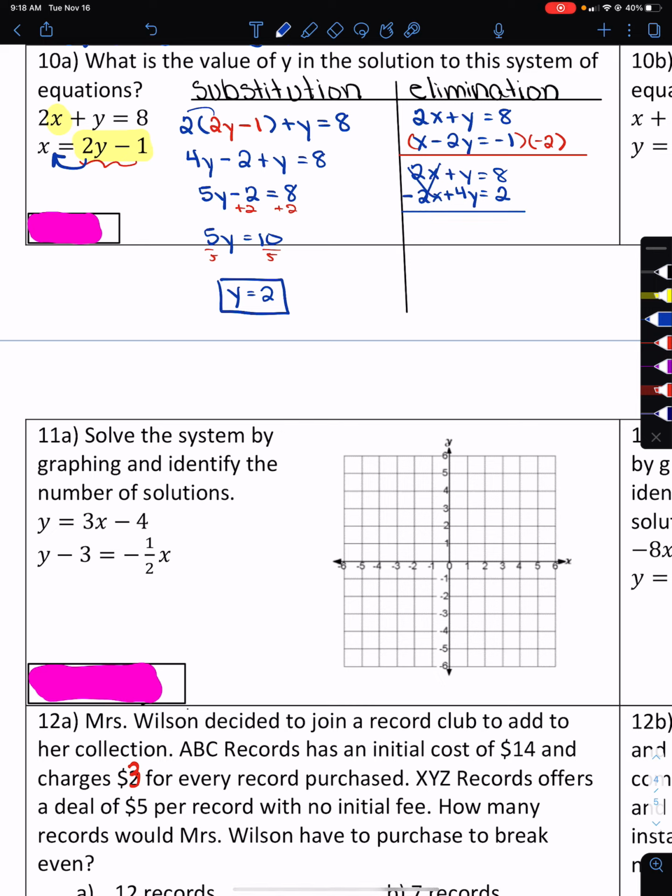These two here will eliminate. Got 5y equals 10. Divide both sides by 5. And we get y equals 2. Either method will give us that same value. You've just got to find out which one you're comfortable with and try that on 10B.